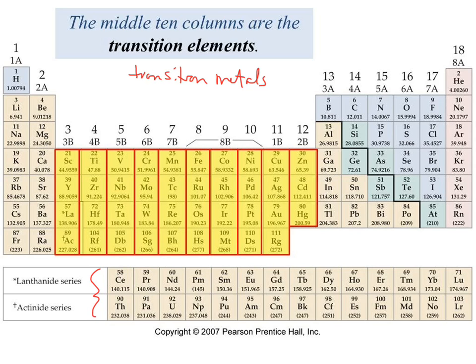And we'll talk again about how the 58 through 71 protons and the 90 through 103 protons fit in here in a minute. But sometimes these are called the inner transition metals, or elements, same thing.